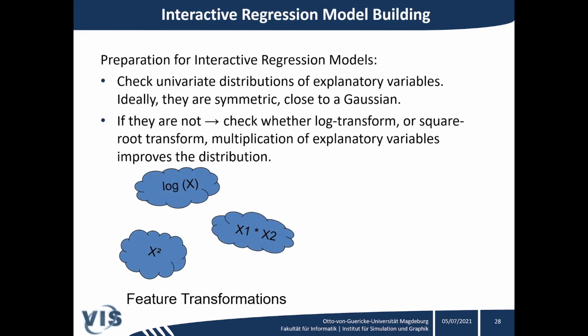Before we start with interactive regression model building, we have to pre-process our data. An important step is to check the univariate distribution of the explanatory variables. Ideally they are symmetric, close to a Gaussian distribution, but if they're not, we have to check whether a log transformation, square root transformation, or multiplication of explanatory variables may improve the distribution.